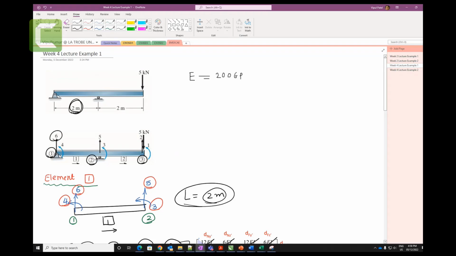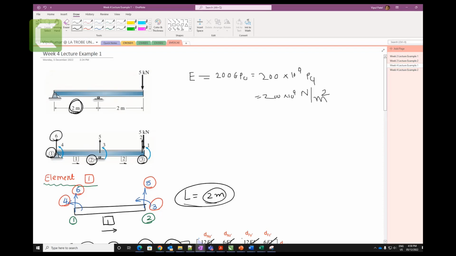Giga meaning 10⁹. You with me? If I want to have it without giga, I can remove that giga and put 10⁹ pascals, right? I hope you understand that. Now pascals I can write as 200 times 10⁹ pascals. I can write Newton per meter square. 1 pascal is equal to 1 Newton per meter square.